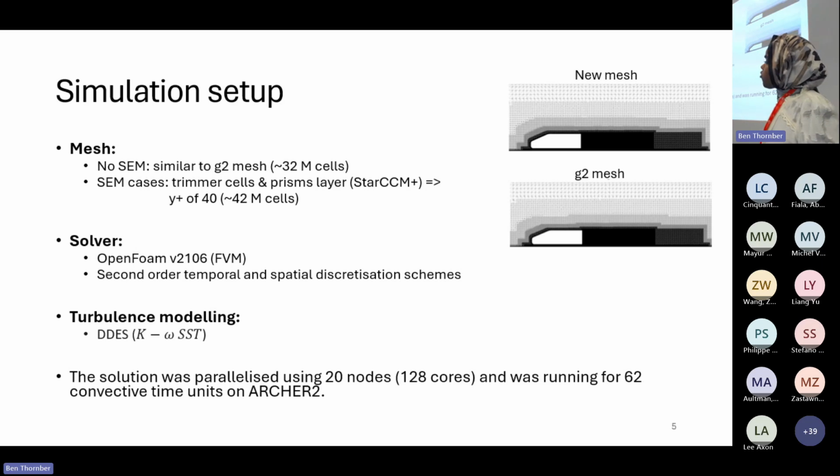The solver is finite volume based, which is OpenFOAM, and all the discretization schemes were second order. For the turbulence modeling, we're using DDES with k-omega SST, parallelized over 20 nodes using Archer 2, and the simulation was run for around 62 convective time units.